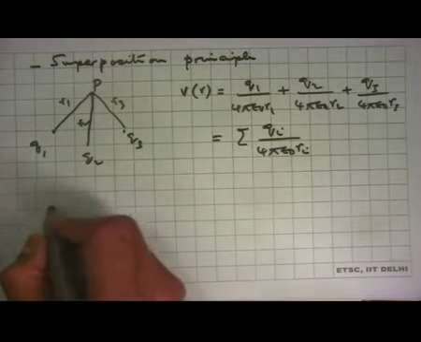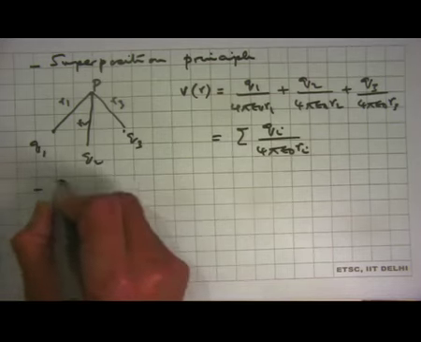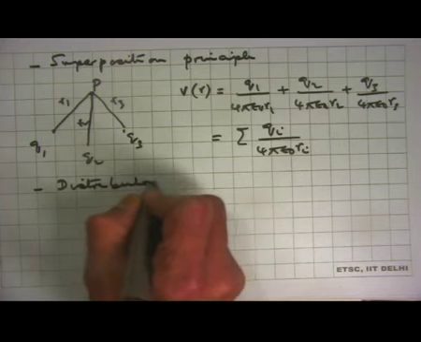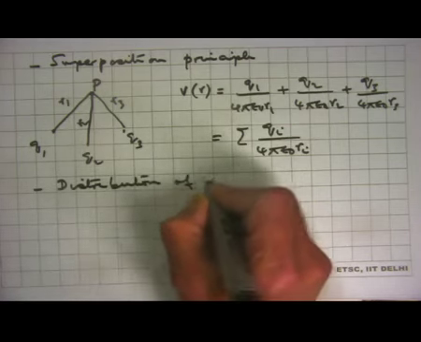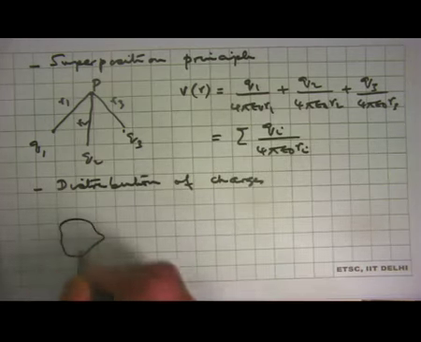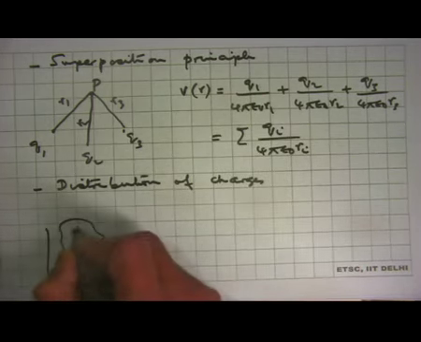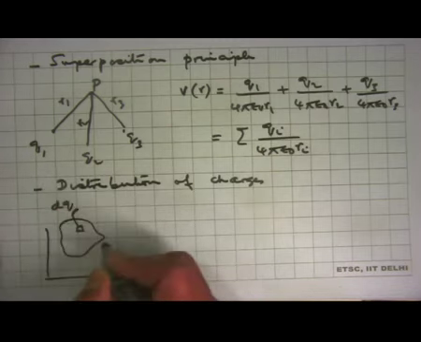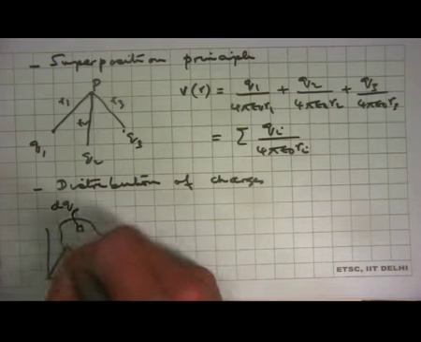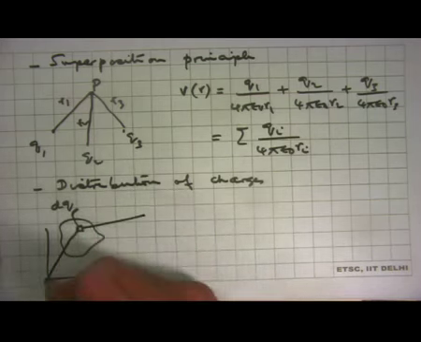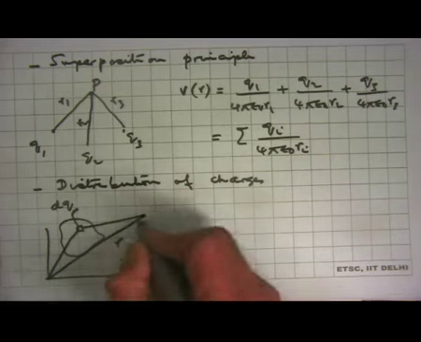And if you have a distribution of charges, so if I have a volume with some distribution of charges, I can take an infinitesimal volume here with a charge dq, and I want to calculate the potential at this point r at a distance r from the origin.